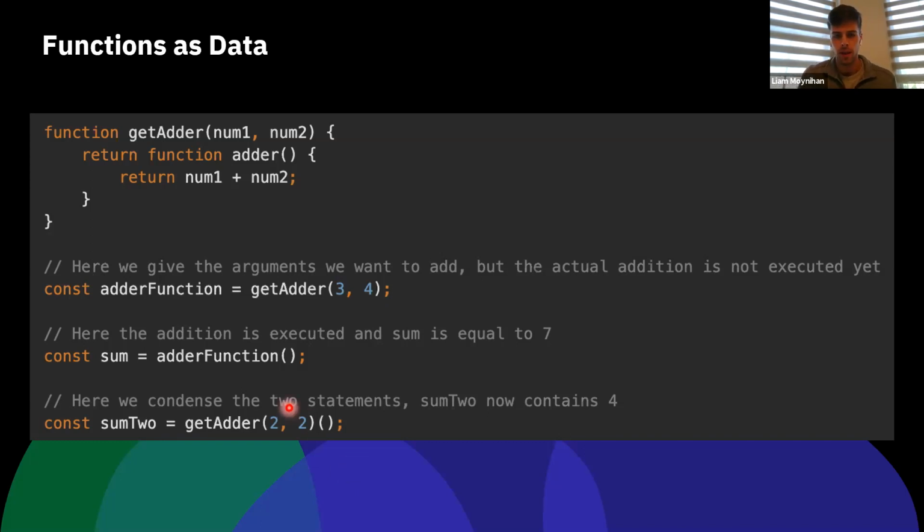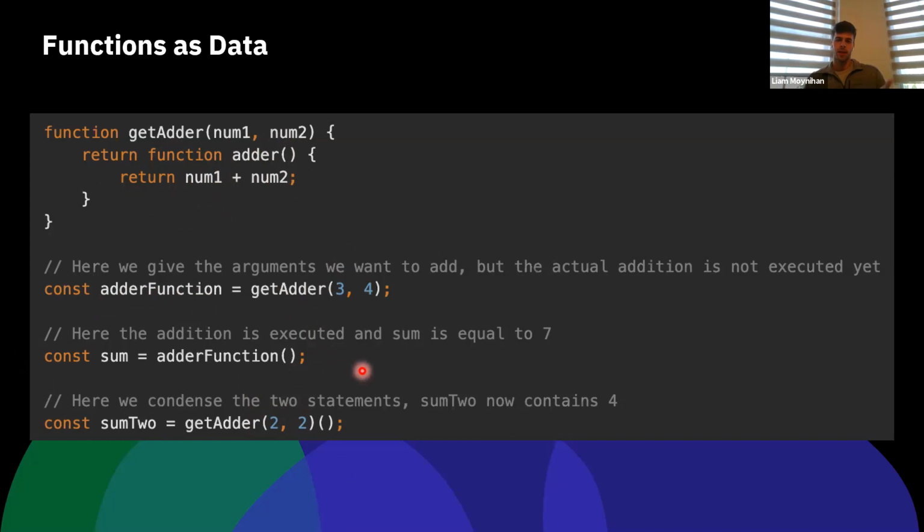An important concept to keep in mind here is that at this point, this internal adder function is going to save the value of number 1 and number 2. So 3 and 4 are going to be saved here. We can't change it anymore. The execution just hasn't happened until we call this here.